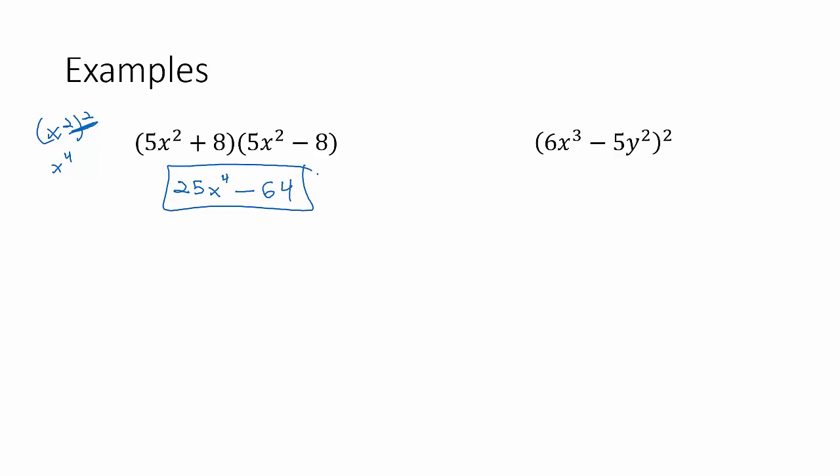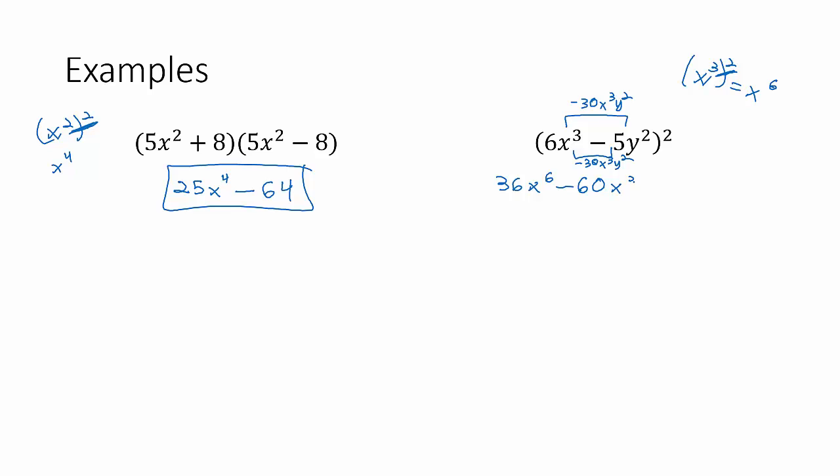The second example is squaring a binomial. So we square the pieces. 6 squared is 36. X cubed squared, again, x cubed squared. When we're squaring an exponent, we multiply them. So that's going to be x to the 6th. Don't lose the product. 6 times 5 is negative 30. X cubed y squared. And it's there twice. So 30 and 30 is 60.